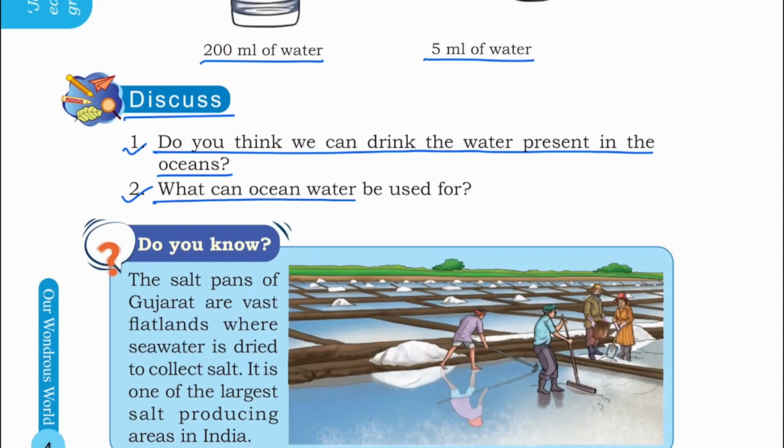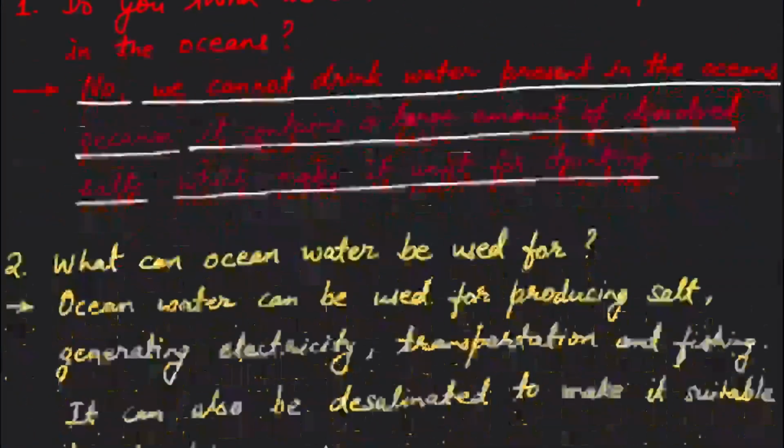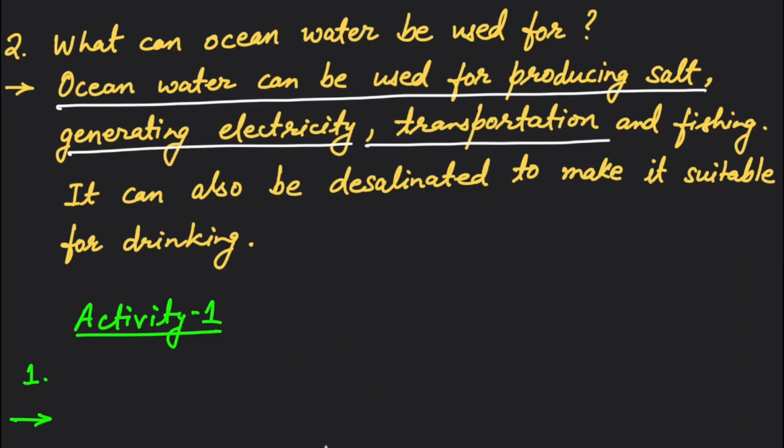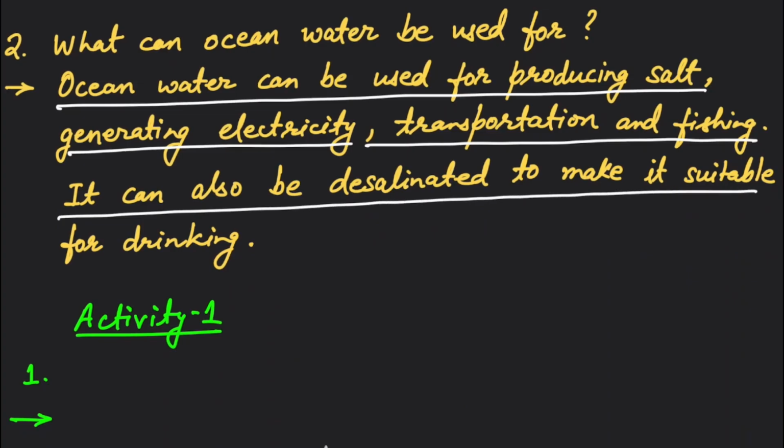What can ocean water be used for? Ocean water can be used for producing salt, generating electricity, transportation and fishing. It can also be desalinated to make it suitable for drinking.